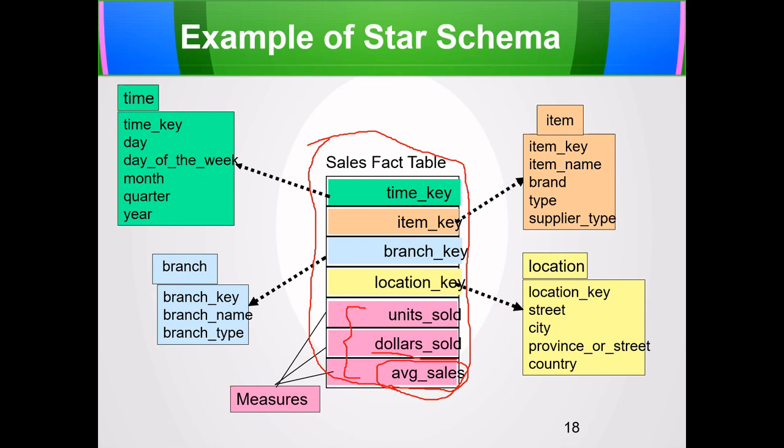This fact table actually represents your data cube, right? That graphical representation is nothing but the representation of this fact table, but instead of keys, for understanding we have taken the name of the product, the name of the country and the name of the quarter.